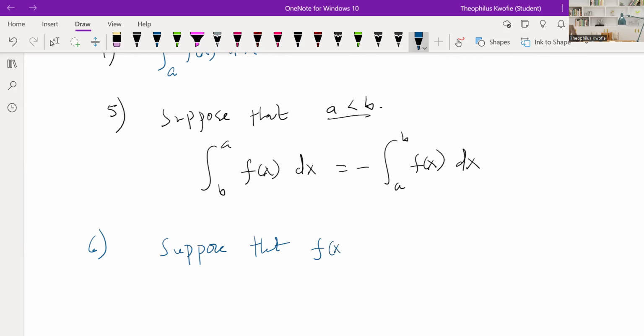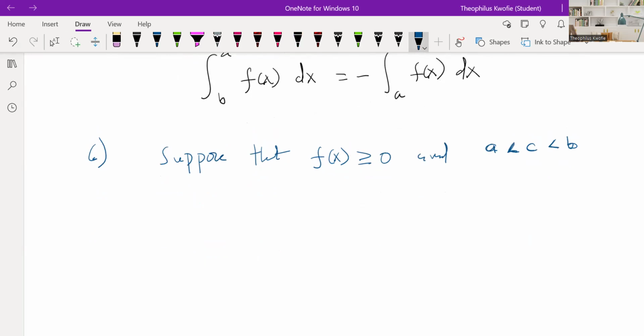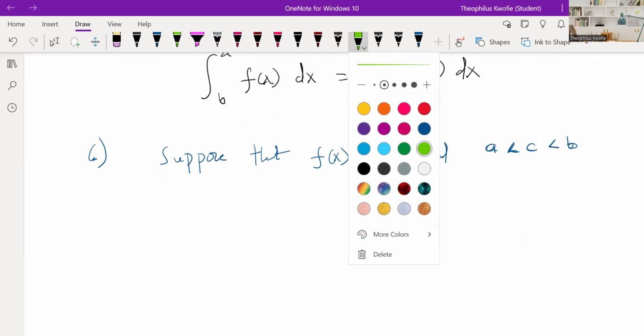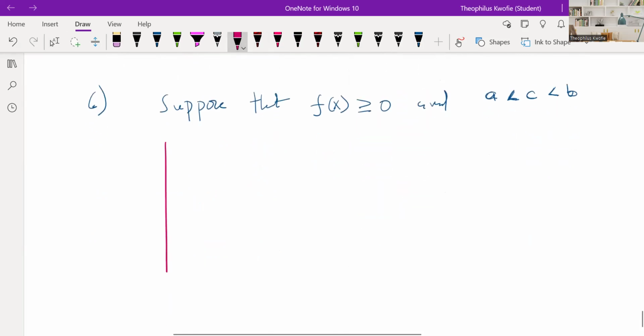Suppose that f of x is a negative value, and that c is sandwiched by a and b. In other words, it lies in between a and b. So what then happens to their integral? Well, for us to have a glimpse of what I'm trying to talk about, let me do some few drawings so that you appreciate what I'm doing. Suppose we have this.